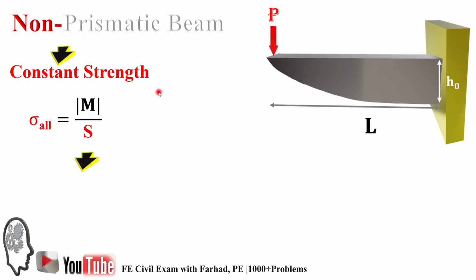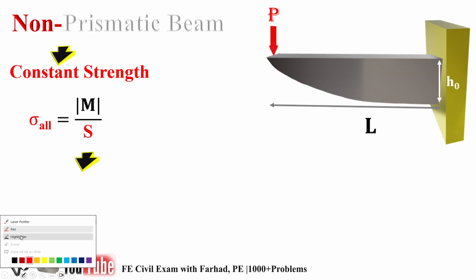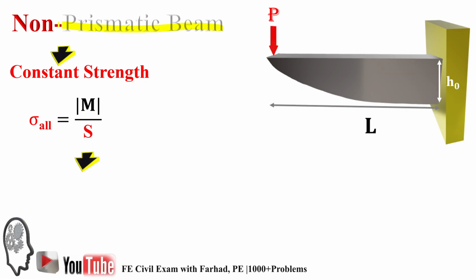The first assumption of our case was that the non-prismatic beam is designed to be of constant strength, equal to sigma allowable. That's moment over section modulus.